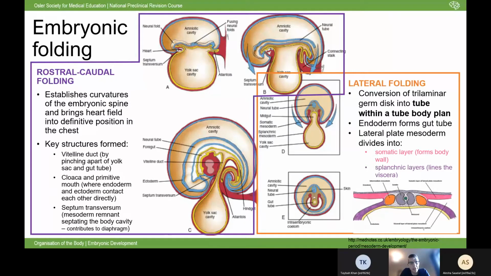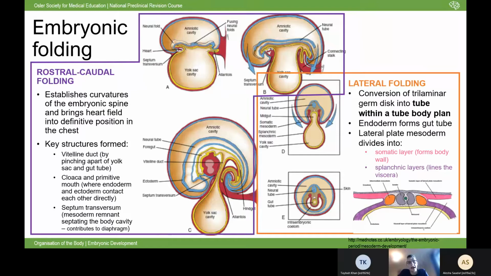And also the vitelline duct, which is completing. So that's where the endoderm is folded up into that gut tube in the middle of the embryo. And with rostral caudal folding, it pinches in the middle to remain continuous with the yolk sac outside of the embryo. And then we get the cloaca near your bottom and the primitive mouth where your face will eventually form.